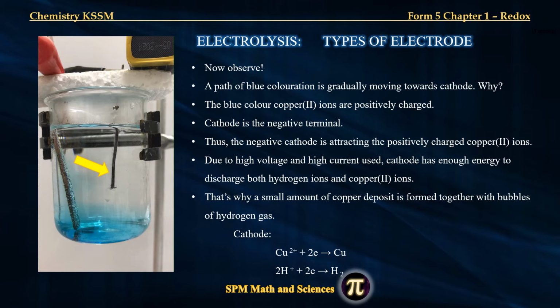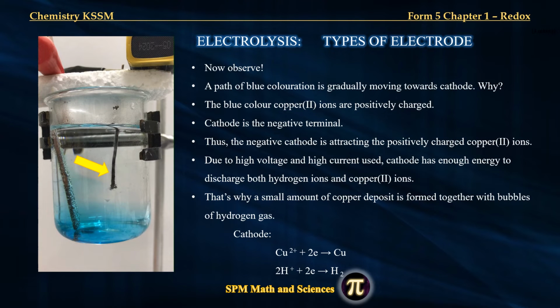Notice that the intensity of the blue color increases. The blue color is due to the presence of copper 2 ions. At the anode, more and more copper 2 ions are being formed. Also observe a path of blue coloration moving towards the cathode.